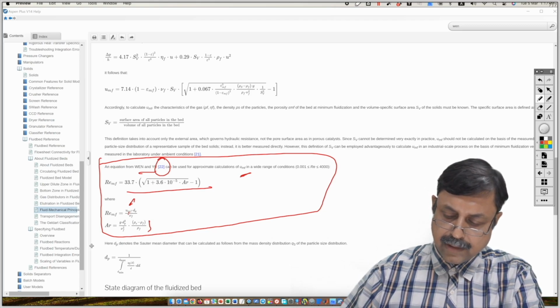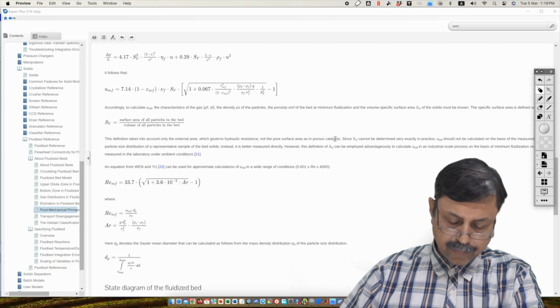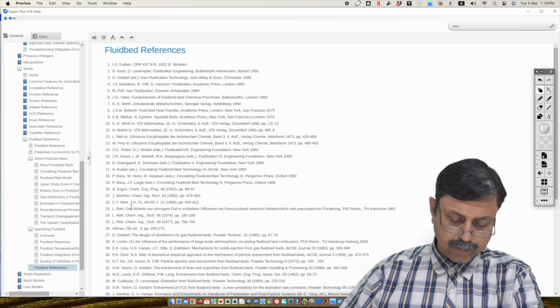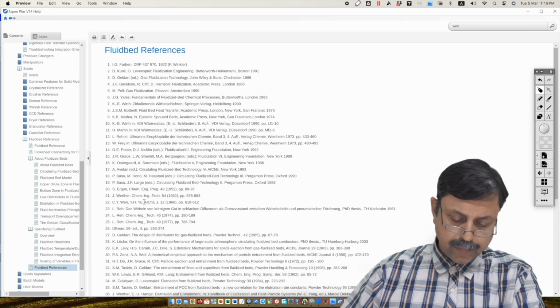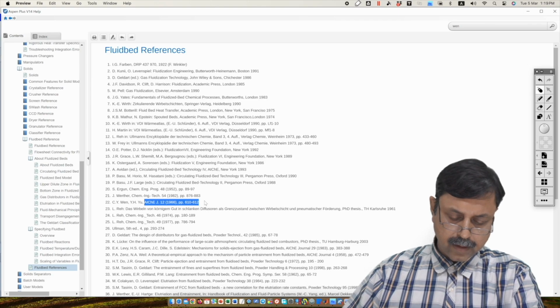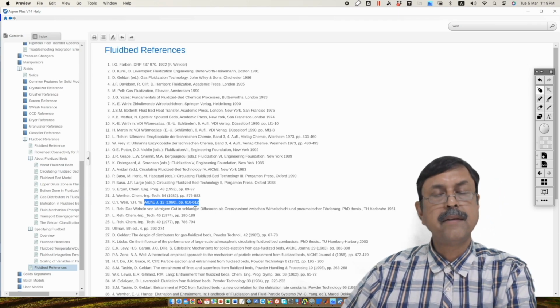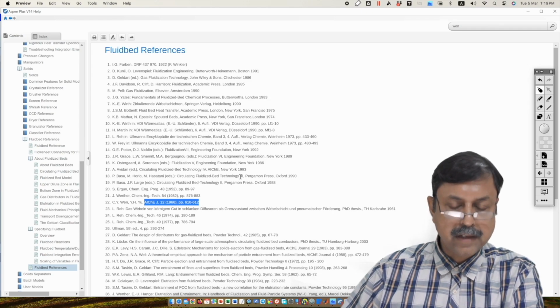And if you are interested to find out what the Wen and Yu equation is, you have to simply click this and you can go to this citation, Wen and Yu, AIChE Journal, volume 12 in 1966, page number 610 to 612.